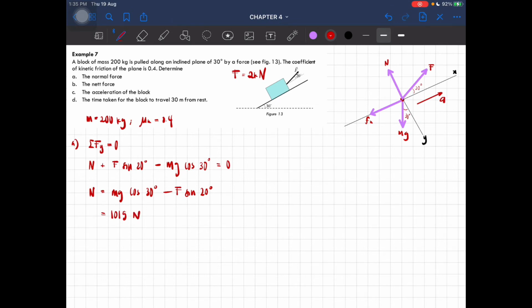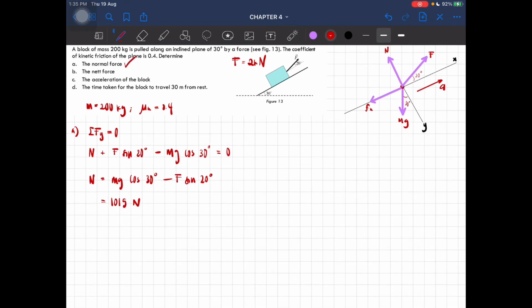Okay, now the net force. The net force is only for the direction that has acceleration, so in this case, the x component only. So F net is equal to the total force at x.